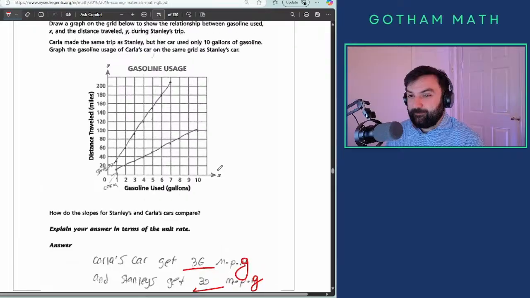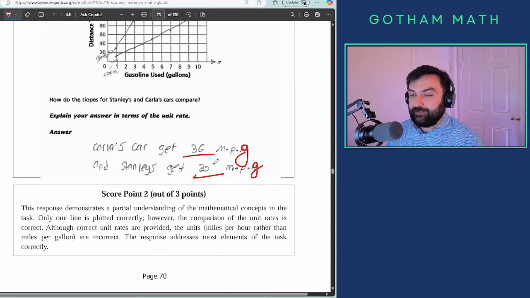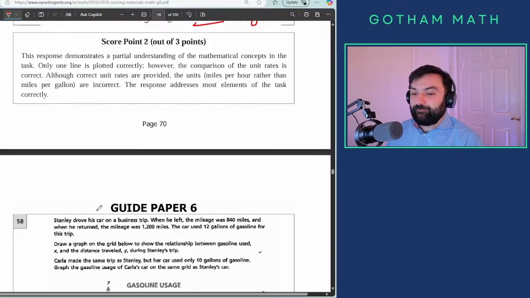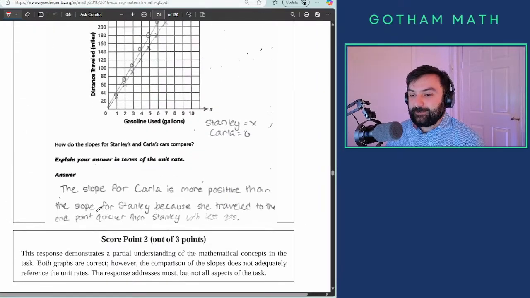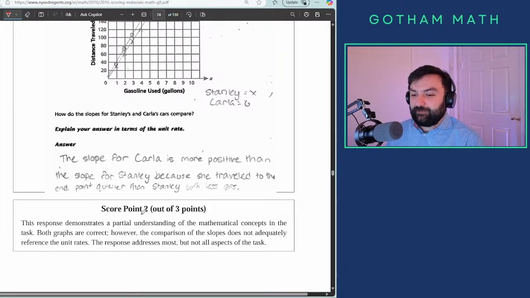So it's not even the correct unit rate. And the graphs are wrong. This is also 2 out of 3. Graphed well, but where's the numbers? Yeah, no numbers. That's why it's 2 out of 3.